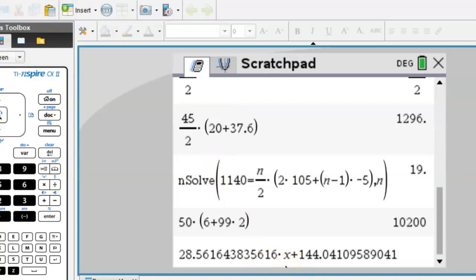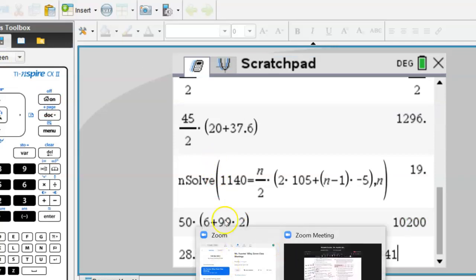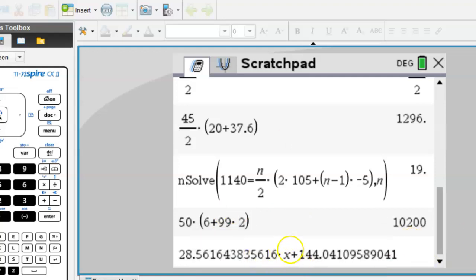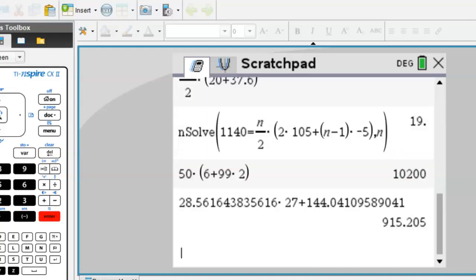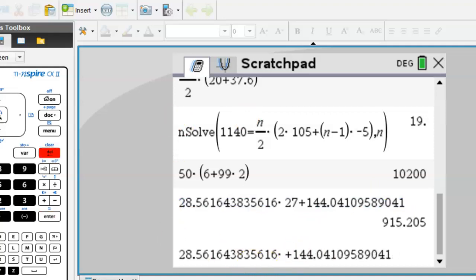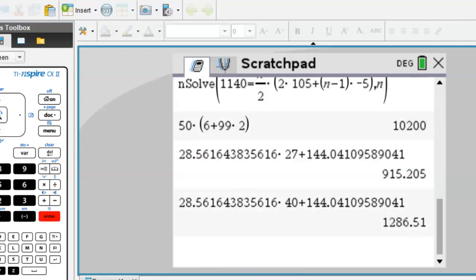So I want to figure out how far I am when I'm 27 kilometers away. So instead of using x, I'm going to use 27. I'm this far away. And then instead of 27, they also want to figure out when I am 40 kilometers away. That's my answers.